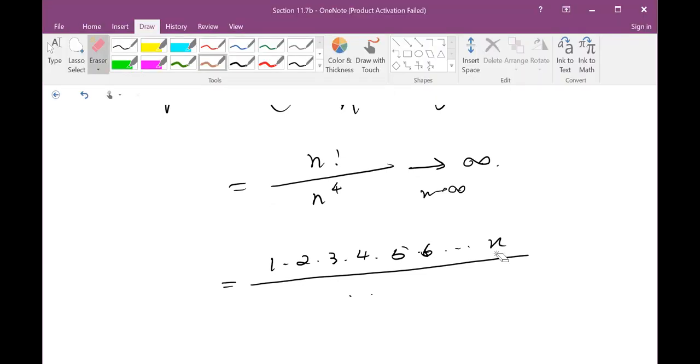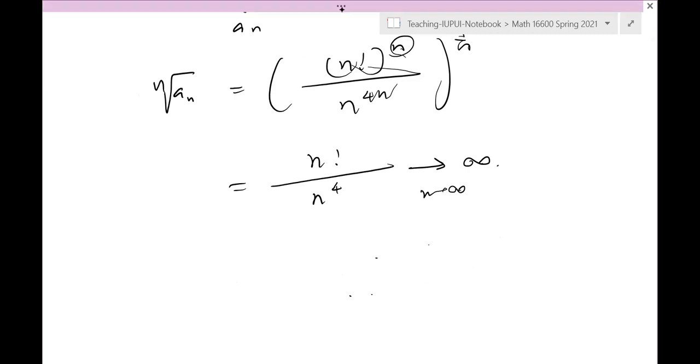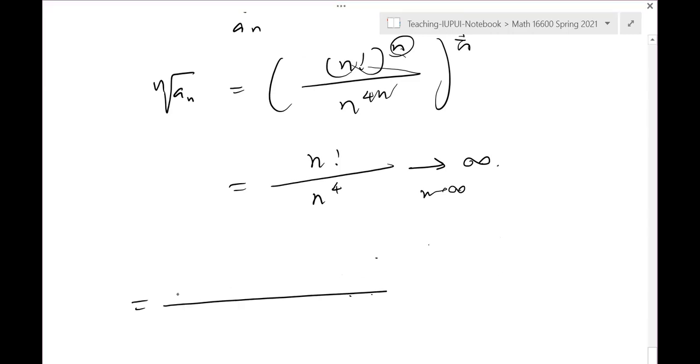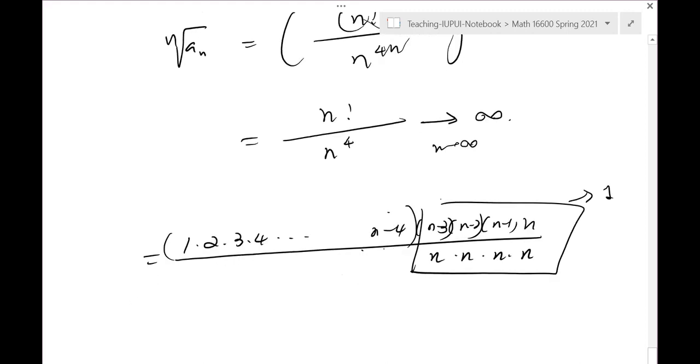Let me write down more details here. I just want to explain why this is going to be. 1 times 2 times 3 all the way to n minus 1, n minus 2, n minus 3, n minus 4, and this n, because of n to the fourth power. Now this part approaches what? No problem. But how about this part? This is n minus 4 factorial.